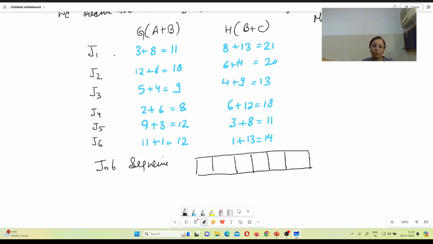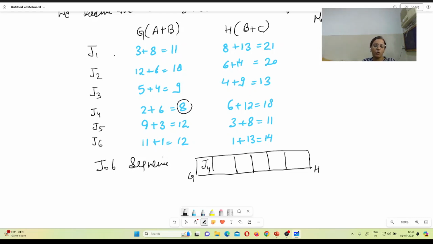Okay, this is your first point, that is G, the starting point, and this is your end point, that is H. Right, now start and find out which one is your least point. When we start with the least point, we get the least point in J4, and that is in the first machine. So the job sequence over here will have J4 as the first point.